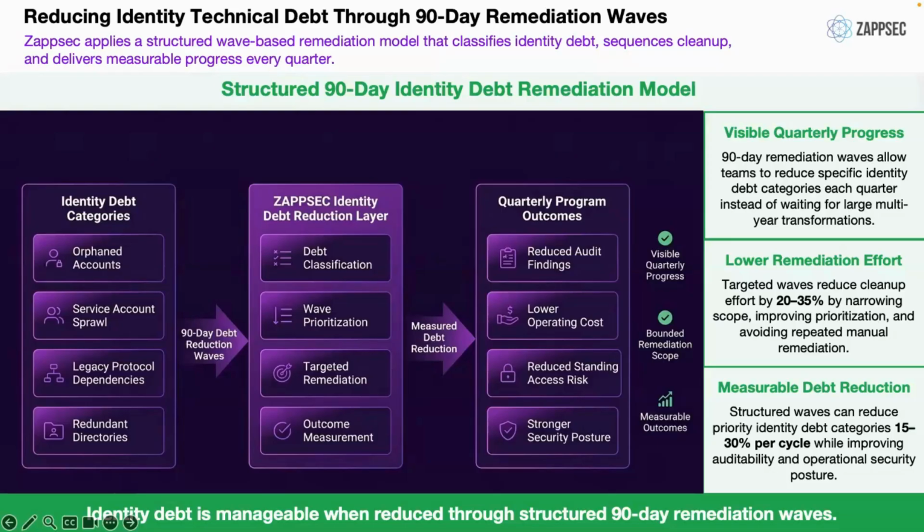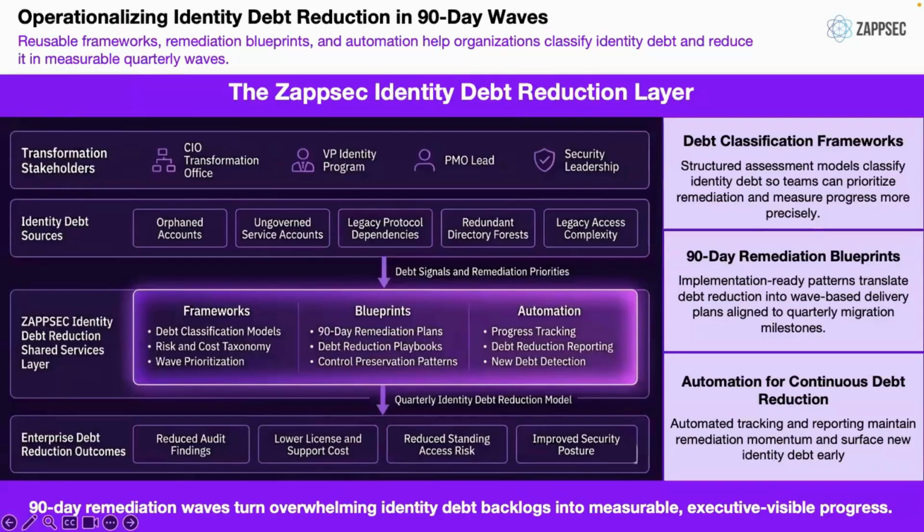So how does ZapSec differentiate here? What's our secret sauce? The wave model makes sense, but classifying the debt and sequencing the remediation seems to be where organizations tend to get stuck. That's a great point. So there are three things here. The first thing is debt classification.